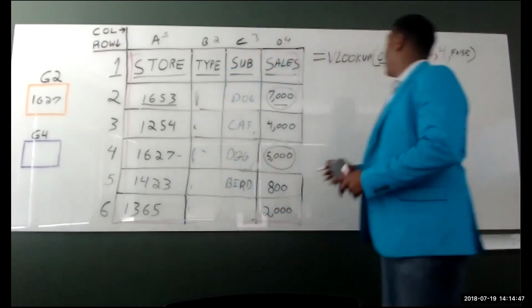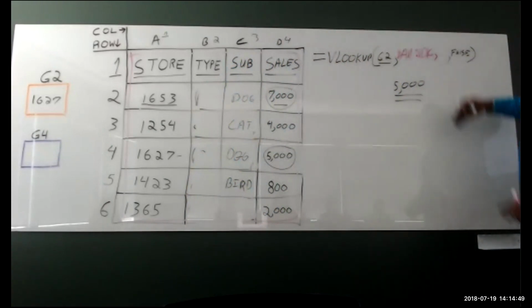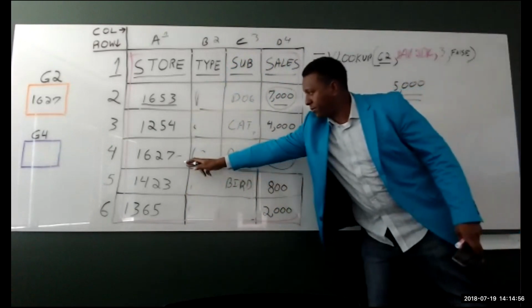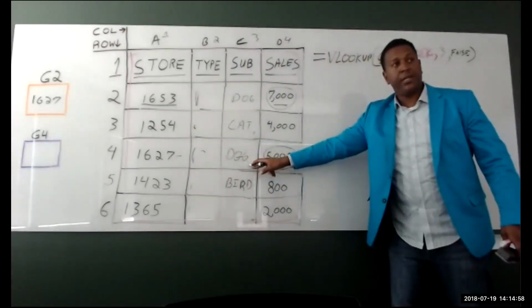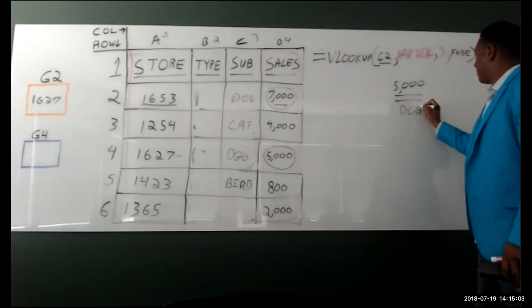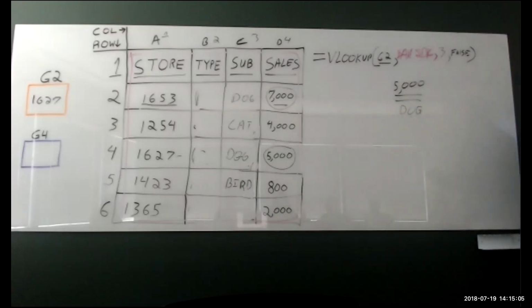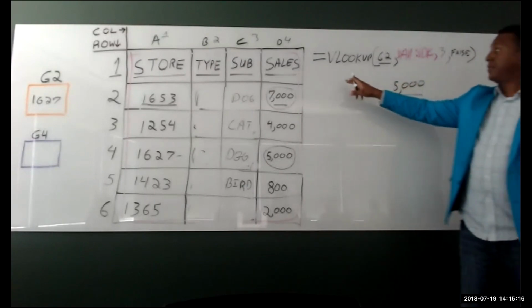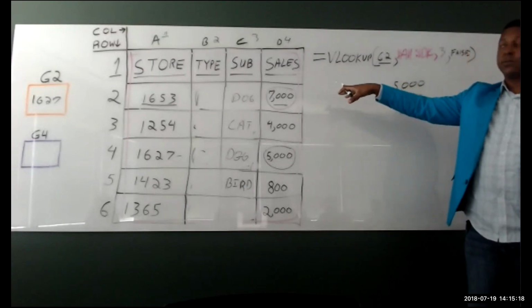If I was to change this 4 into 3, it would find 1627 and count 1, 2, 3, and return the word dog. So VLOOKUP can be used not only for numbers, but also for text. So that's a VLOOKUP, which is vertical lookup.